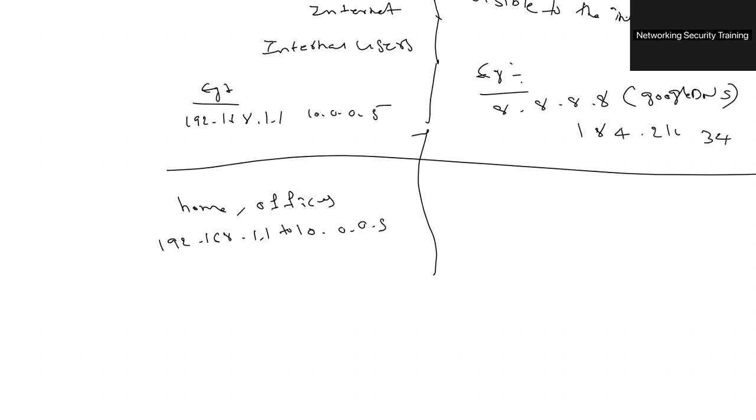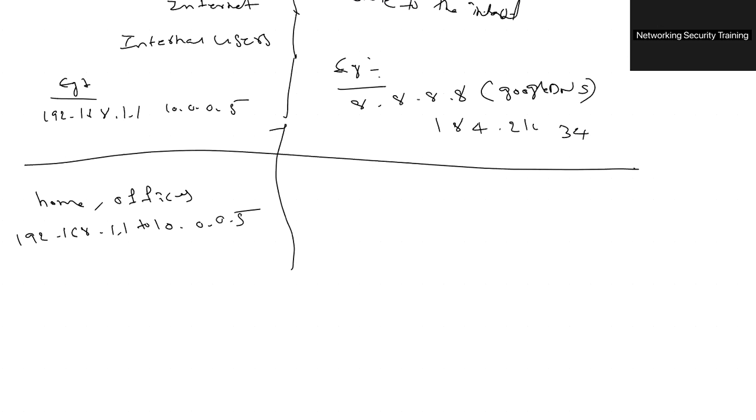And public IP addresses are used to access the internet and enable communication with devices outside of the local network.